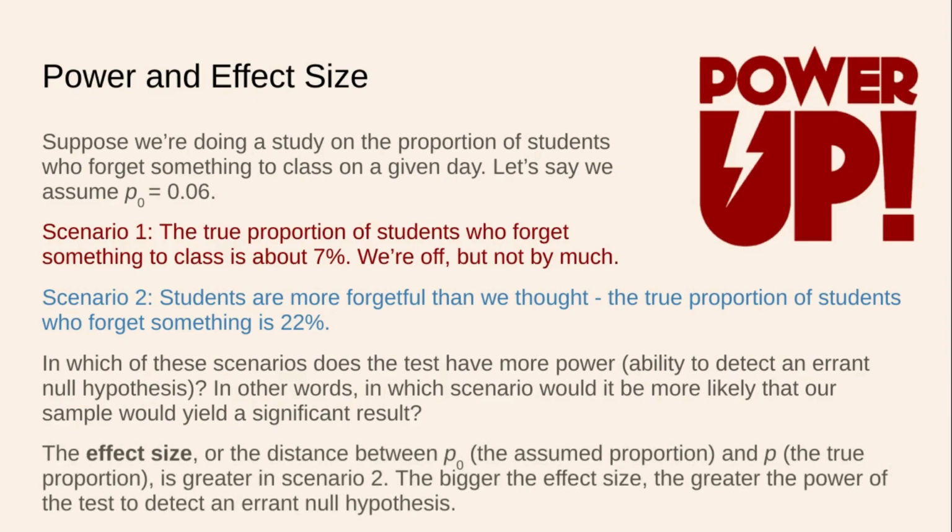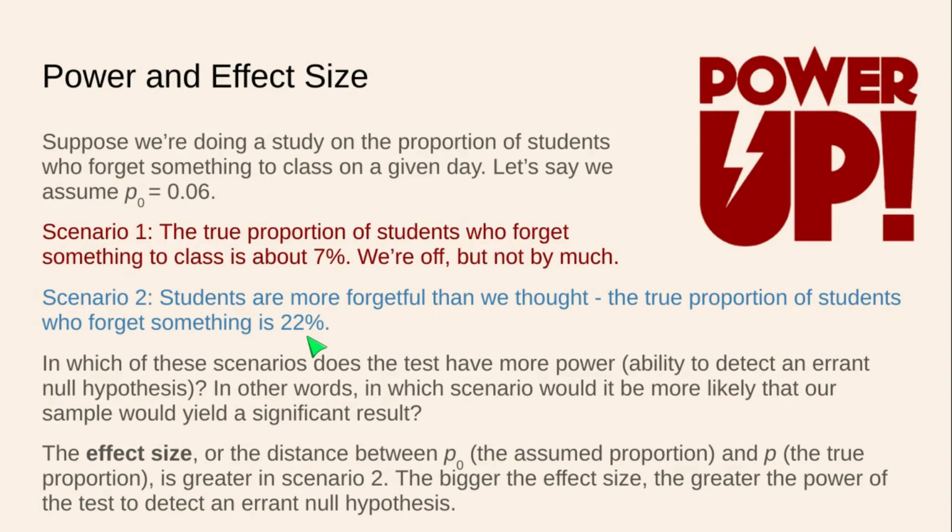The effect size, the distance between p sub 0, the assumed proportion, and p, the true proportion, is greater in scenario 2, all right? If we were to construct a confidence interval for scenario 2, it would be centered, if you recall, at 22%, okay? If this were our sample proportion, if we took a good sample, the confidence interval would be centered at 22%.